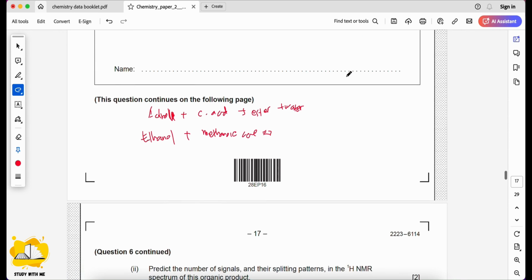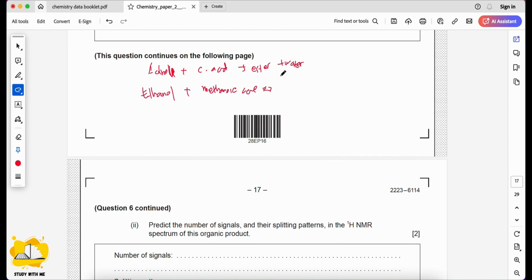So the reaction, I will write it here so it will be clear for you. Ethanol, CH3CH2OH, plus methanoic acid, HCOOH. So this H will be eliminated. This O will bond with this C, all right?